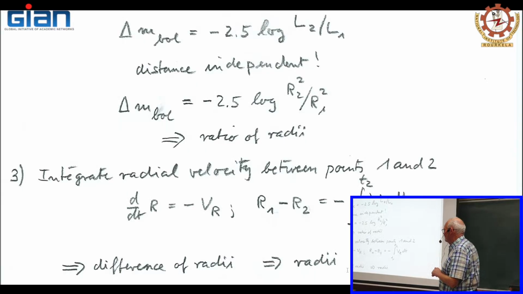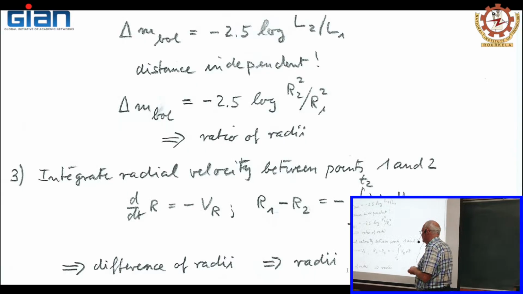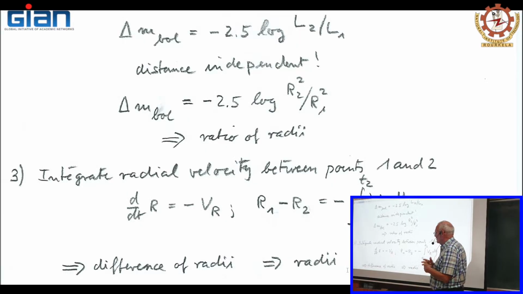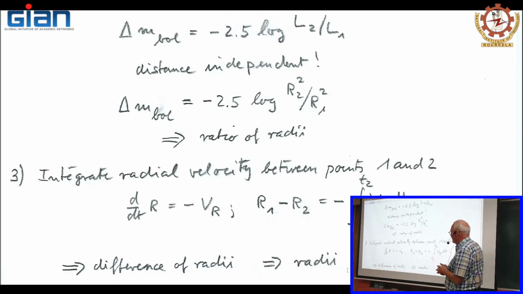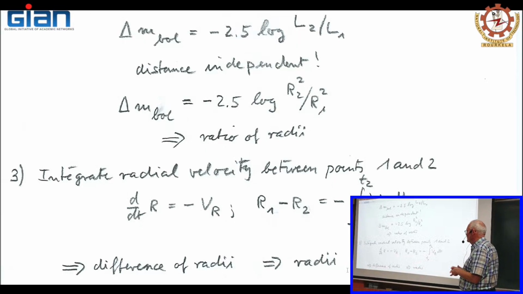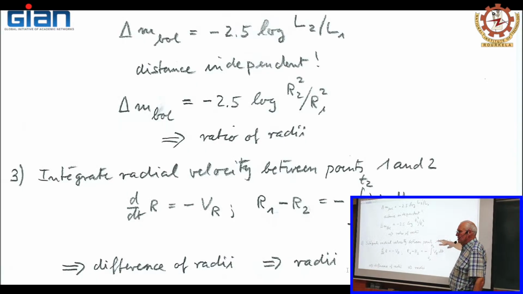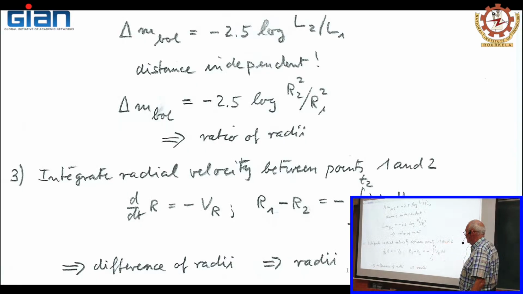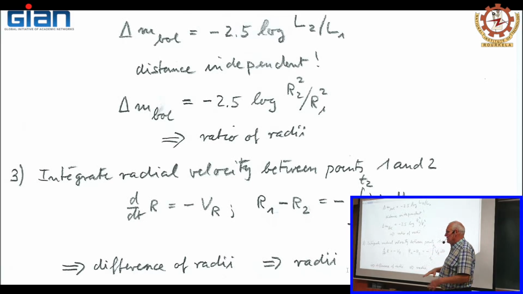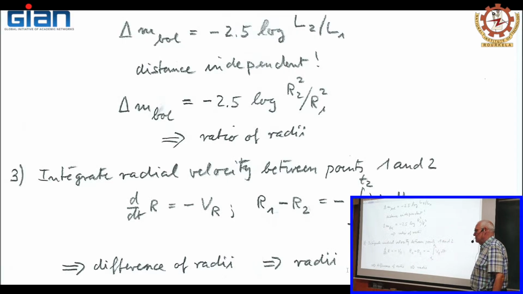Sometimes a modification of the Baade-Wesselink method is used only on the basis of the radial velocity curves. In the same way as described here, one takes the radial velocity curves and gets the difference of radii simply by integration.